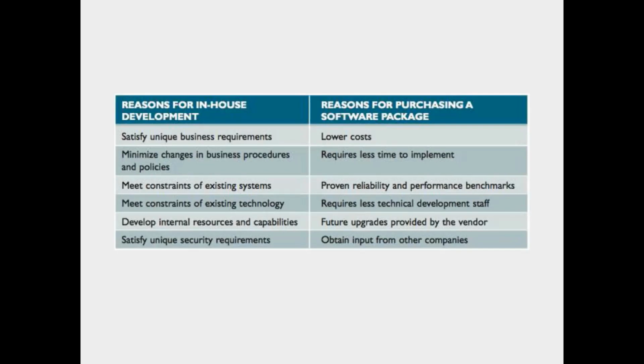For example, if we have our own software, we have to have a development staff, which costs a lot to the organization. But if you are purchasing, then you need only very little technical development staff. And there are the upgrades provided by the vendor, and you can also get input from other companies, which I have already discussed.